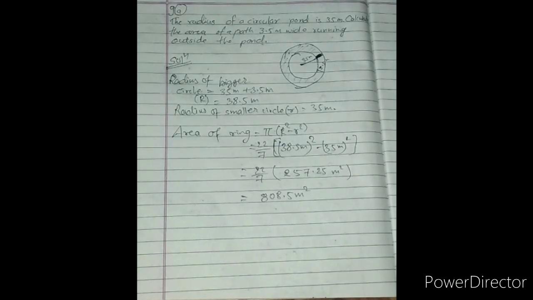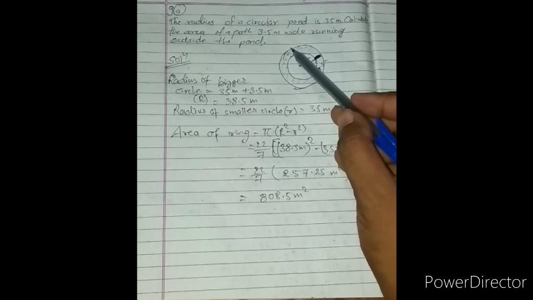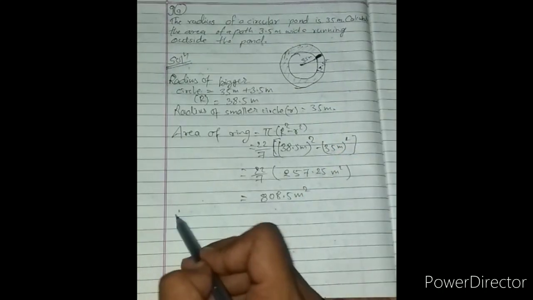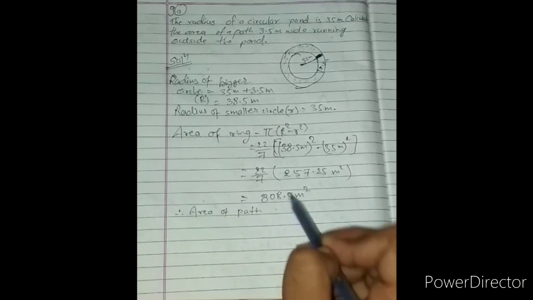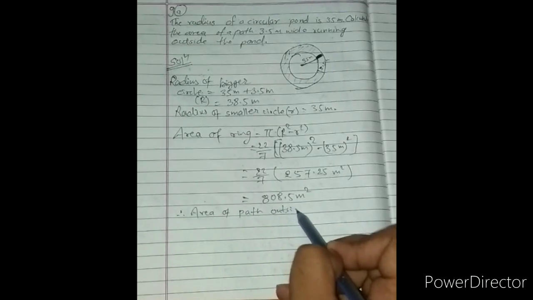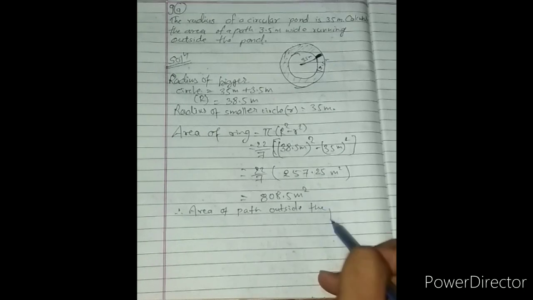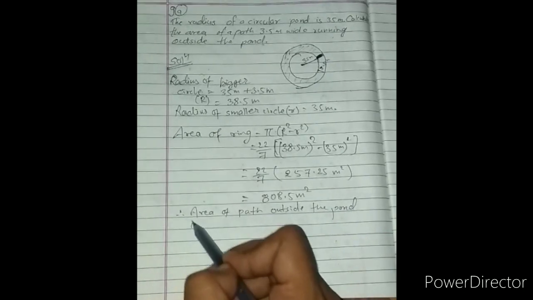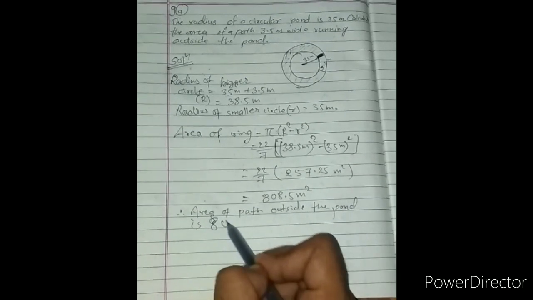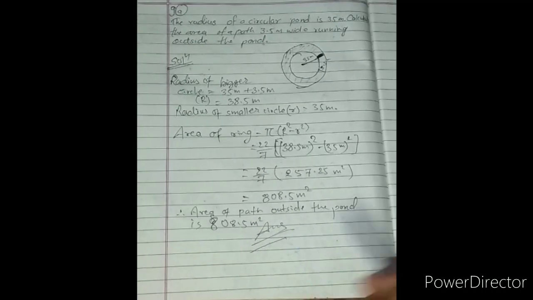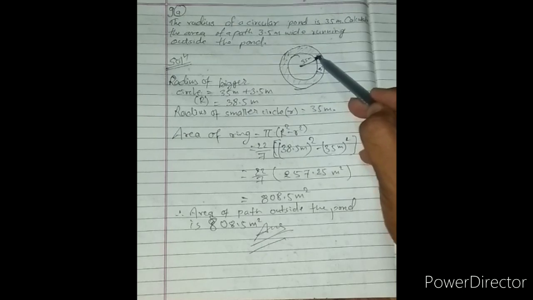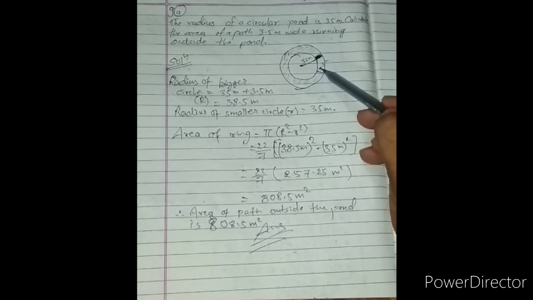So the area of the path outside the pond is 808.5 meter square.